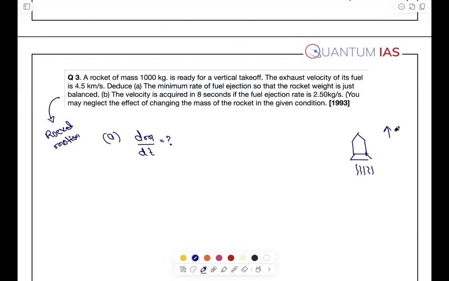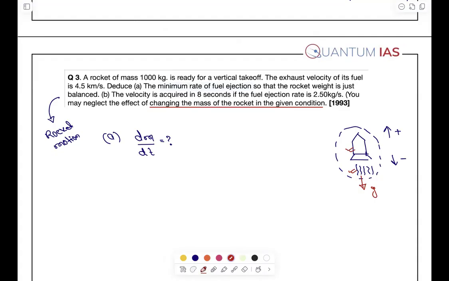Let's say this direction is positive, this direction is negative. On this complete rocket, there will be only one force acting, which is gravity as of now. The external force which is acting is gravity, and the rocket plus the exhaust is our system. The effect of changing mass in the rocket in the given condition, we can neglect, so we are moving ahead with this.